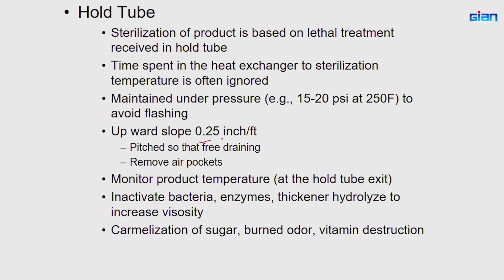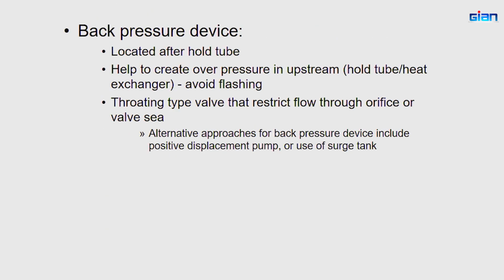And then generally they are going to slope upward 0.25 inch per foot, so that you can remove any potential air pockets. And normally you monitor the temperature of the product at the inlet and the exit of the holding tube, and in the holding tube you are inactivating various microorganisms, bacteria, you may have hydrolysis of starch and other things may happen, you may have caramelization of sugar, all those things may happen.